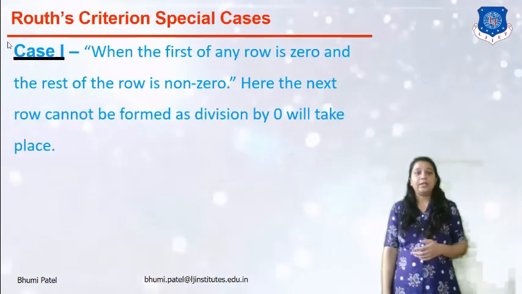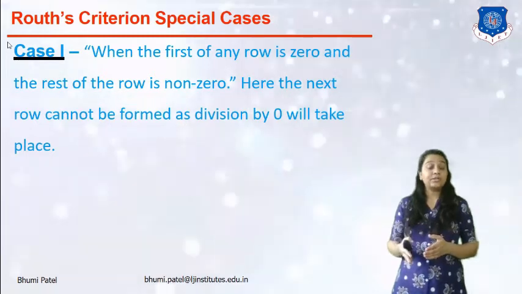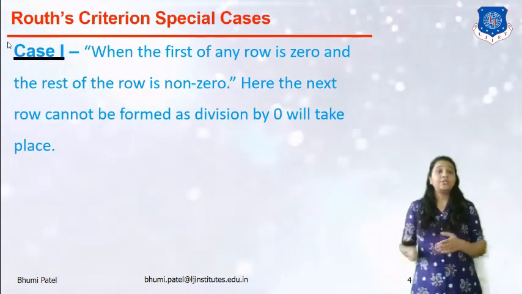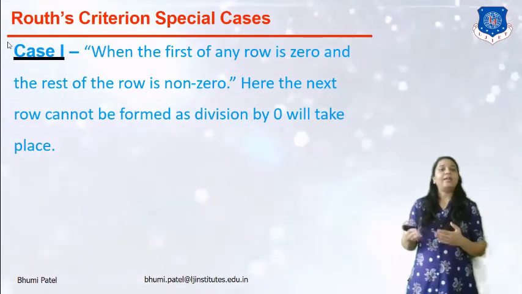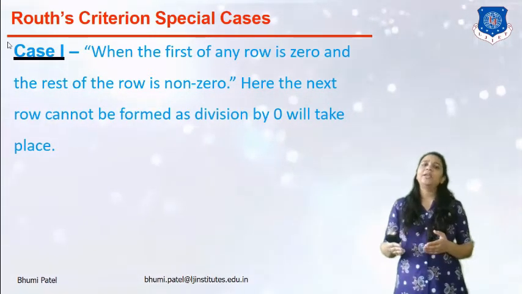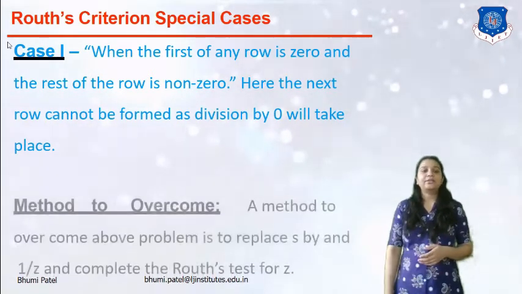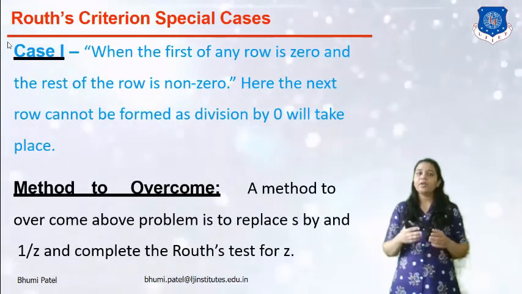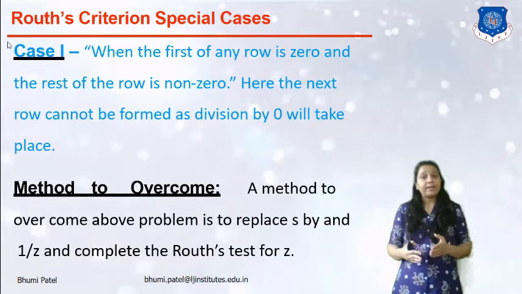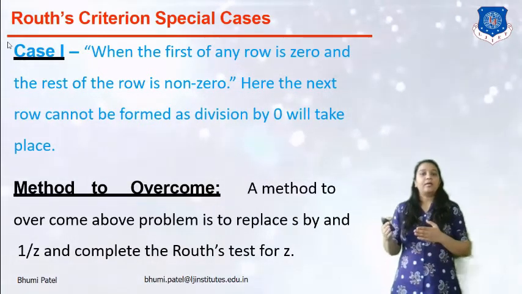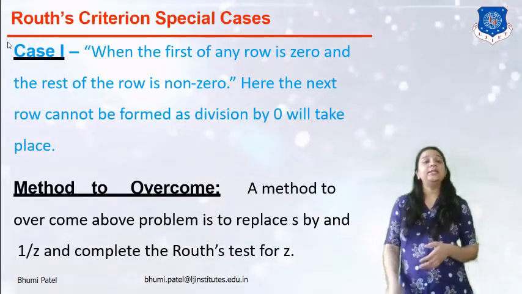In this case the next row cannot be formed, as division by 0 takes place and we get an infinite answer, so it is not possible. The method to overcome the above problem is to replace s by 1 by z and complete the Routh test for z.